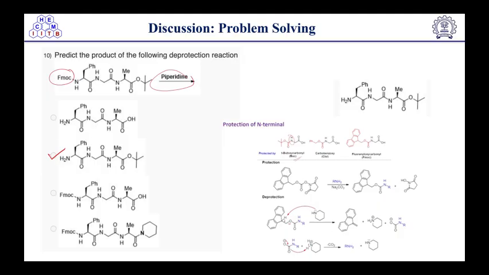right? So here it will give you an intermediate which will look like this one, FMOC, right? From FMOC. What is FMOC group? Anybody knows about this one?